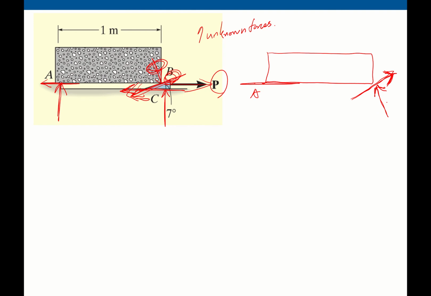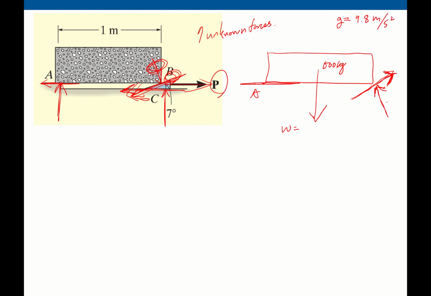Now we have the weight of this stone, which has a mass of 500 kilograms. Let me choose gravitational acceleration as 9.8 meters per second squared.